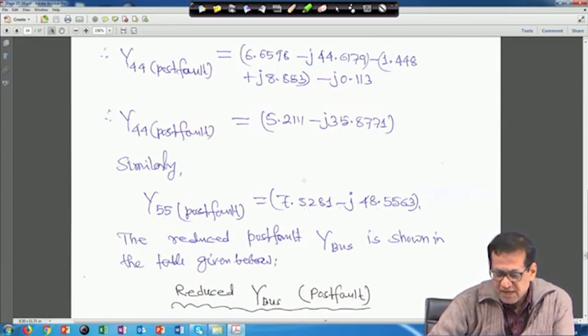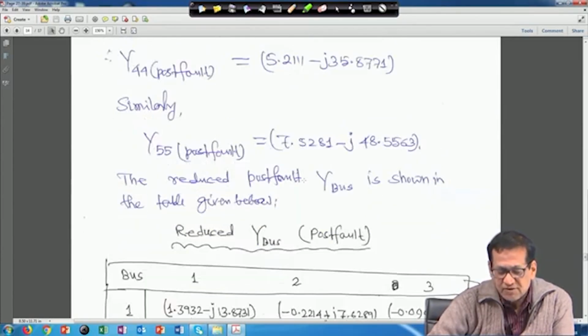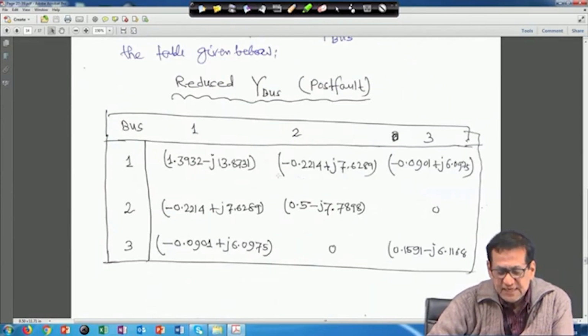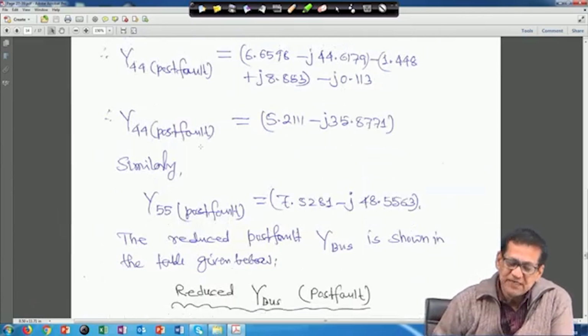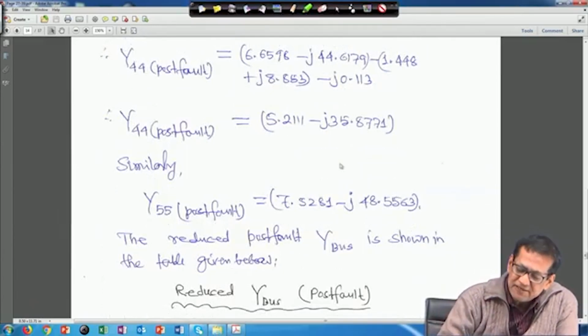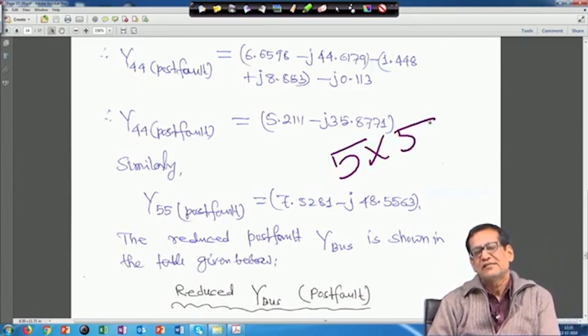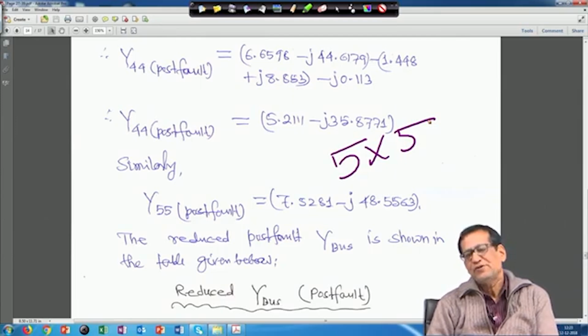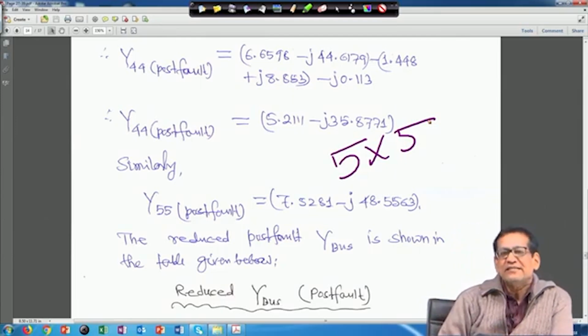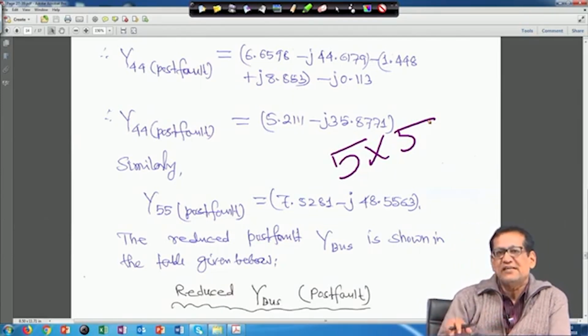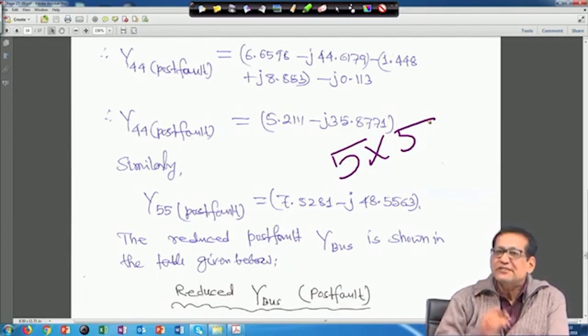Now, the reduced post fault bus is shown in the given figure. Actually, this post fault matrix is a 5 into 5 matrix, right. After that you are reducing this. So, in that case you follow the same philosophy, YNN, that is a 3 into 3 matrix, you just partition and then reduce it to a 3 into 3 matrix.